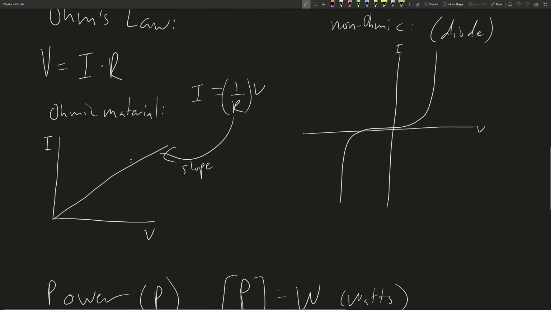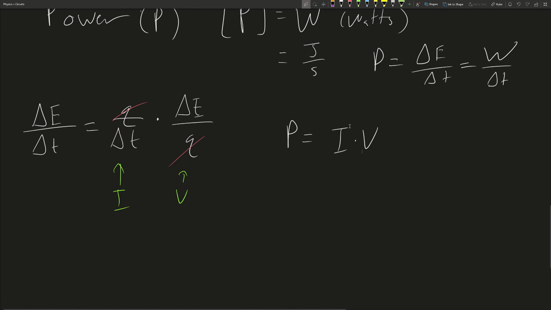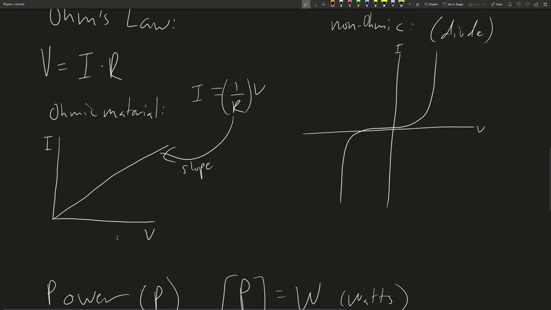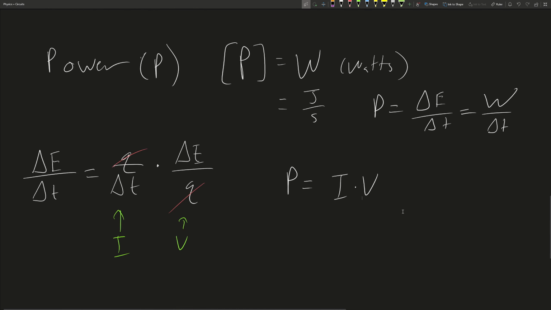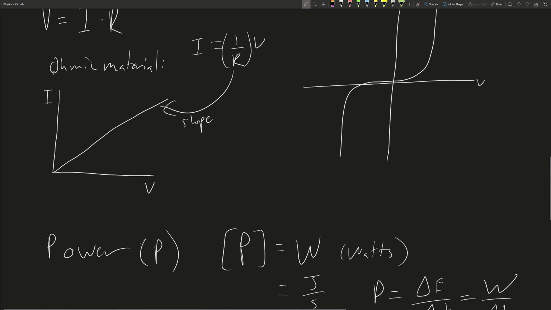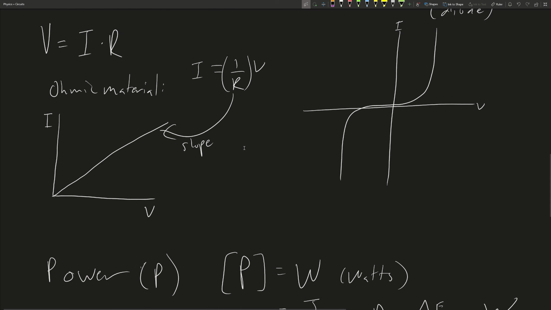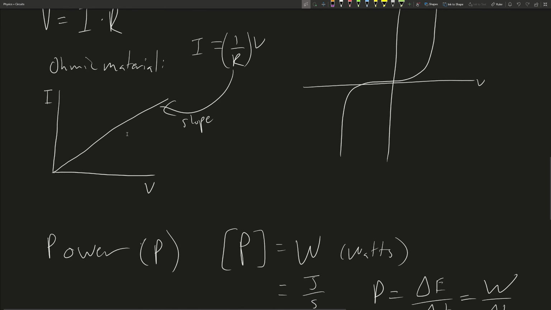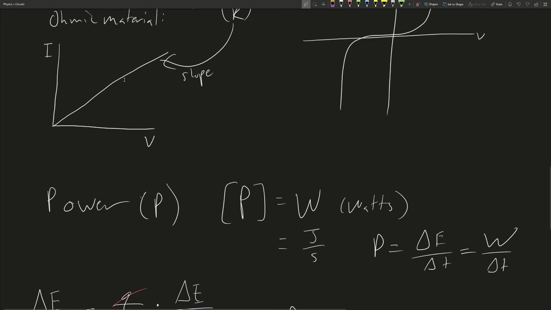You can have a graph of current and voltage that has an area with power, but for this graph, for a material where if you increase voltage, current increases, the area isn't directly power.